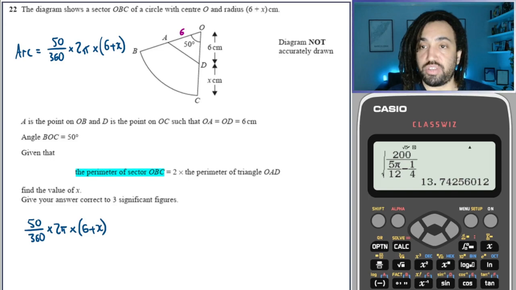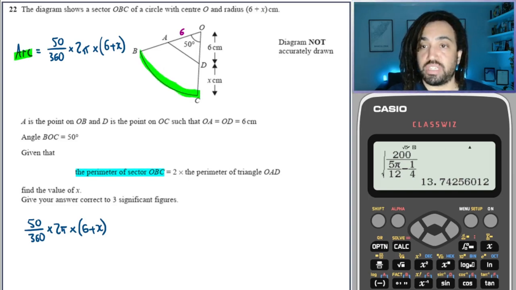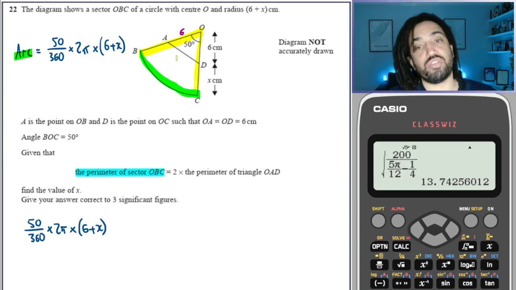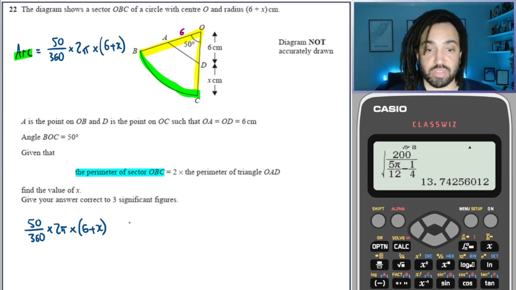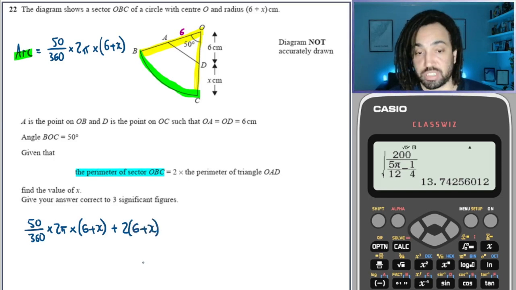So far the arc that we've worked out here, this arc is just this bit. So the perimeter is also going to include this bit and this bit. And both of those two things are 6 plus x. So we need to add on 2 lots of 6 plus x, and that gives us our perimeter.